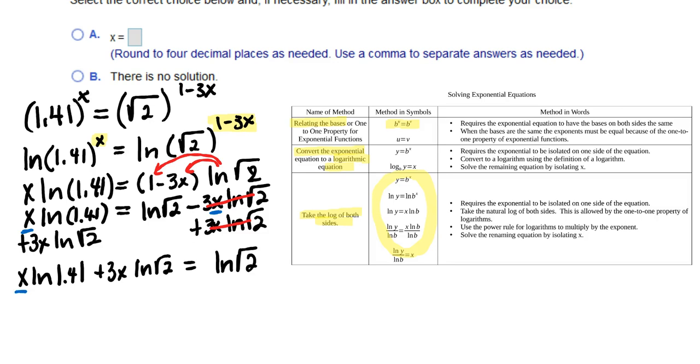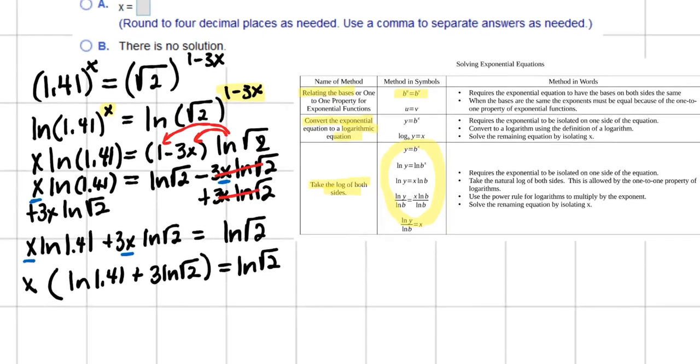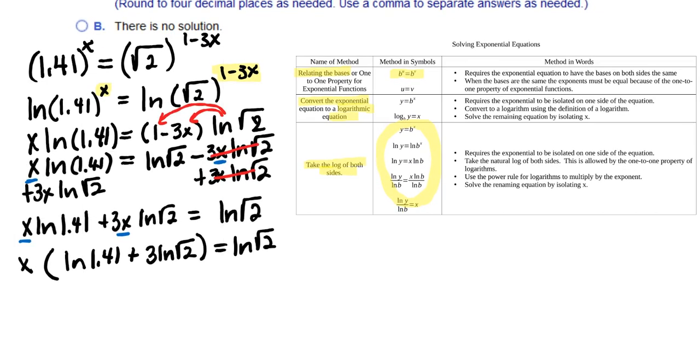So once I have all those x's on the same side, I can factor out that x. It gives me x times the quantity natural log 1.41 plus 3 natural log square root of 2 equals natural log square root of 2. Now that I have an x by itself here, I'm going to get rid of this parentheses by dividing by natural log 1.41 plus 3 natural log square root of 2.